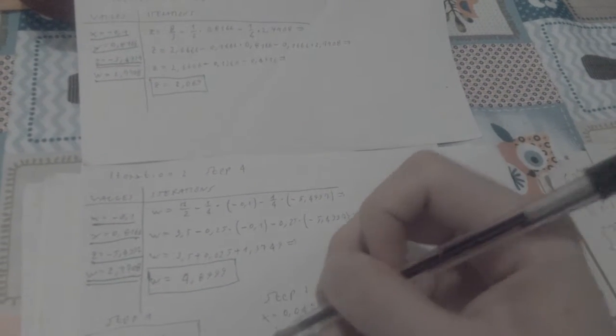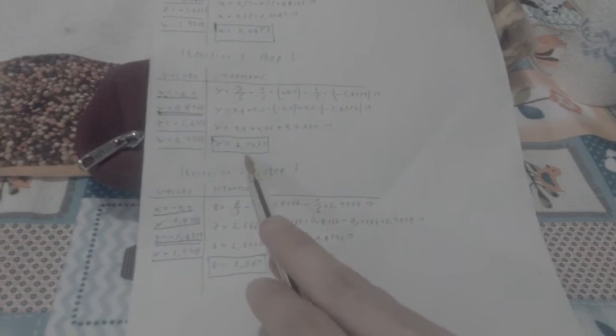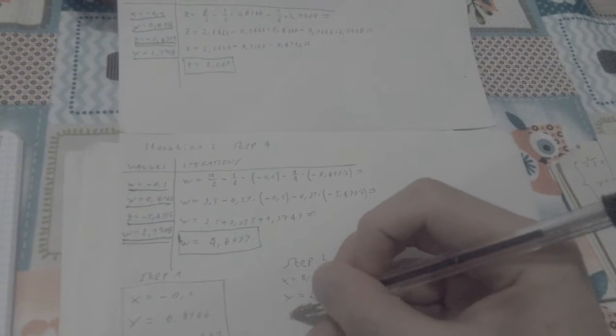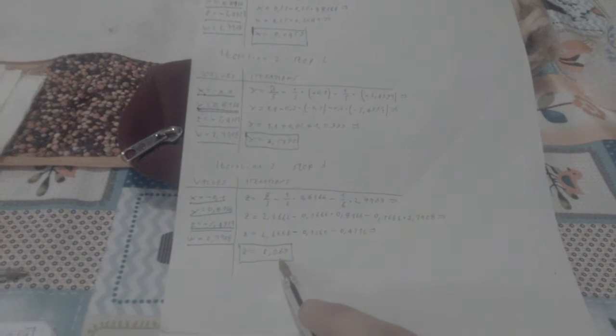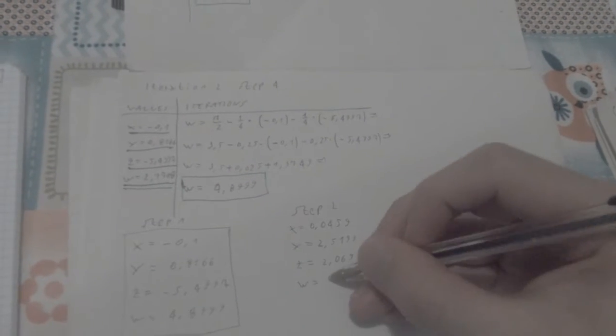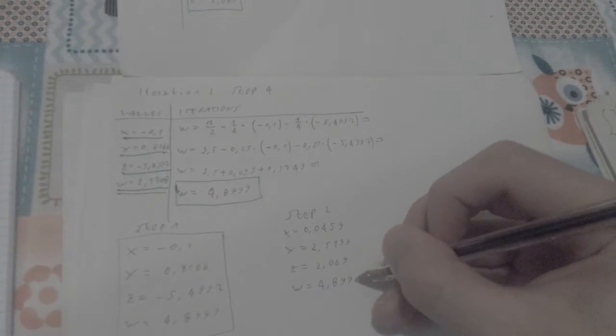So the values after step 2 are these ones. So x equal to 0.459, y equal to 2.5199, z equal to this one, so 2.069, and w equal to this one, so 4.8999.